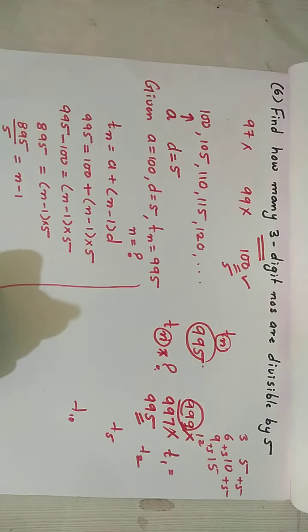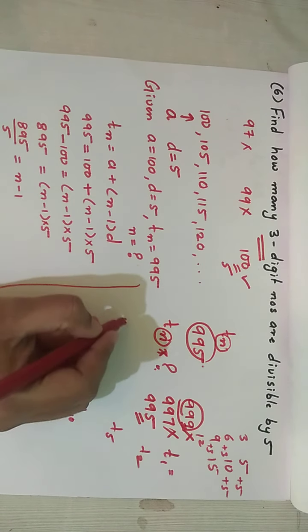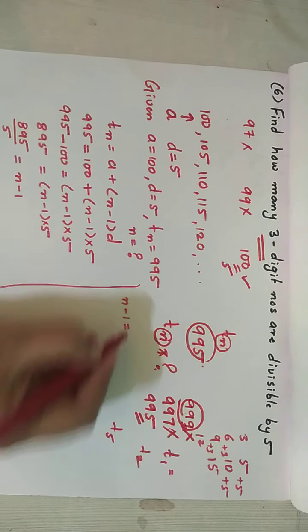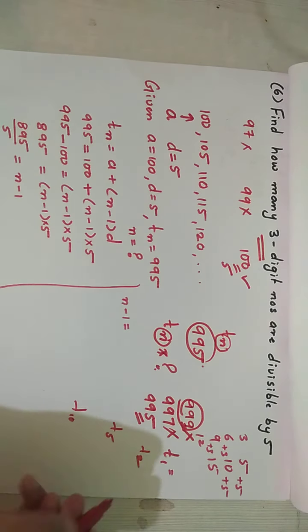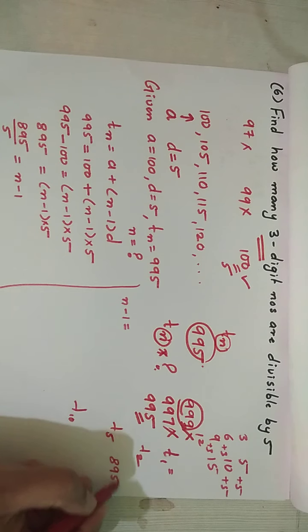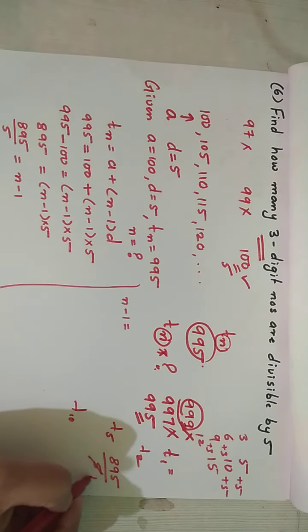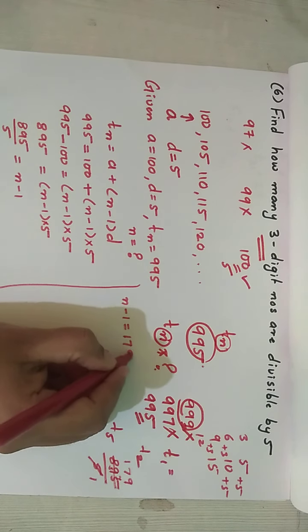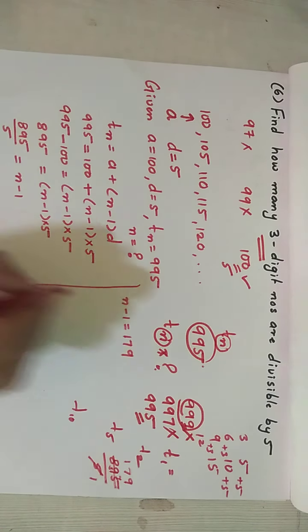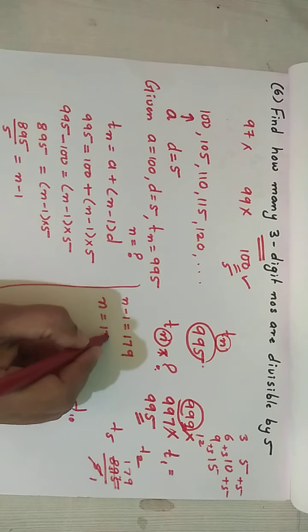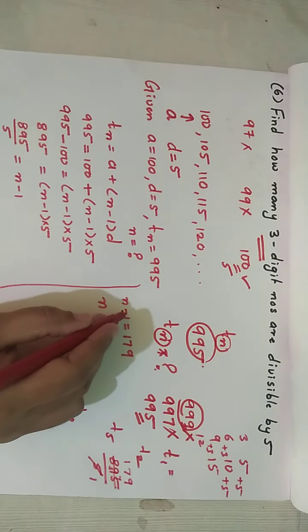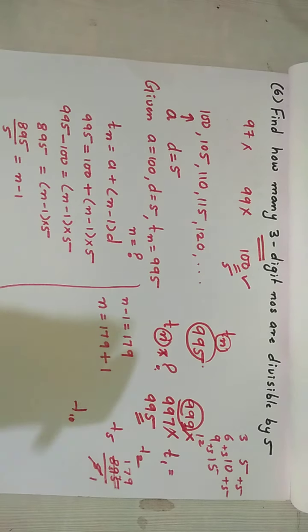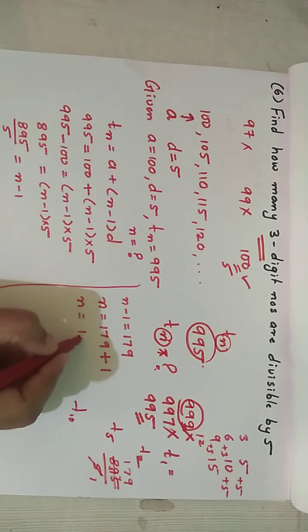So let's do 895 divided by 5. 5 ones are 5, 3 carry, 5 sevens are 35, 4 carry, 5 nines are 45. 179 is the answer. So n minus 1 is 179. This minus 1 will go on the other side, will become plus 1. n will be 180.